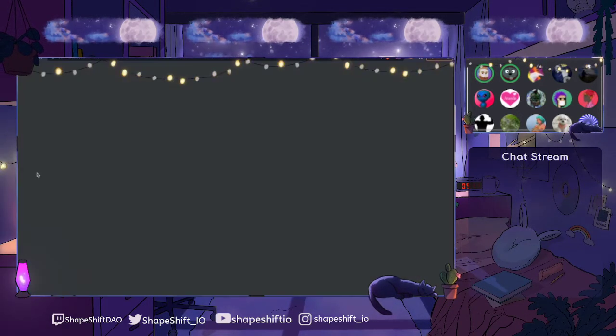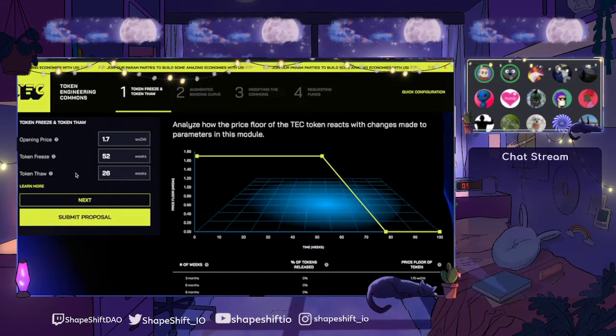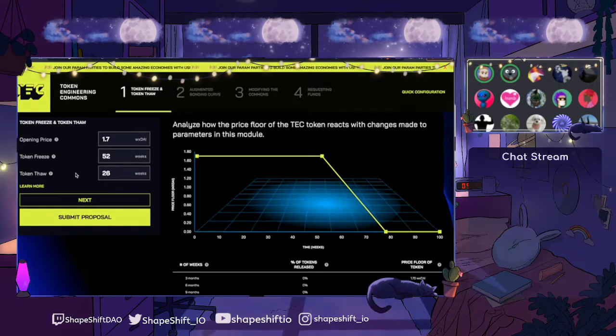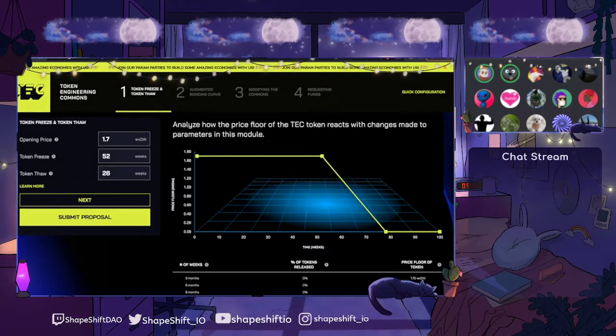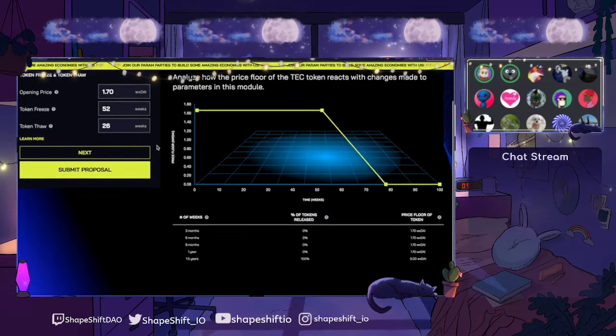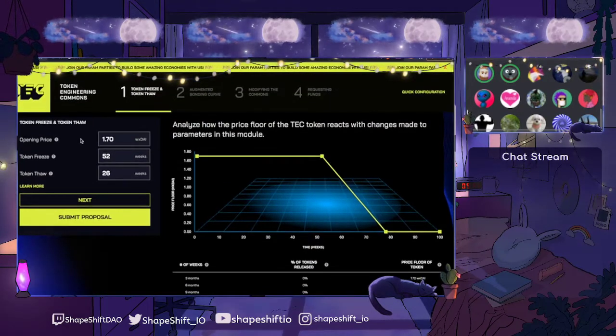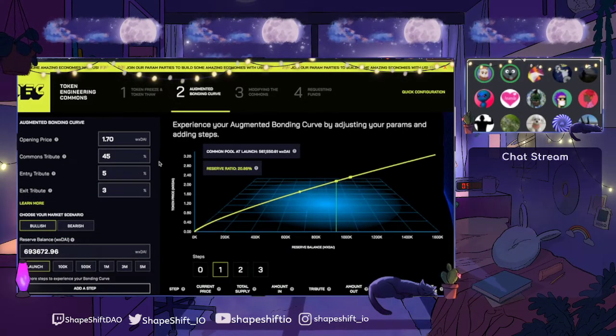And token thaw is the duration in which gradually we're going to be able to move that part of the supply. Opening price is the price that we're going to launch with, and I'm going to talk more about the opening price in the second module, which is the augmented bonding curve.